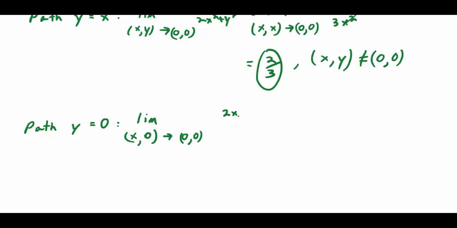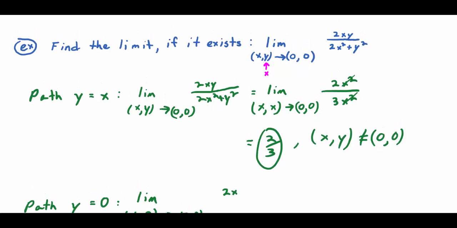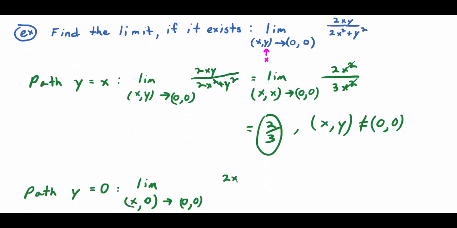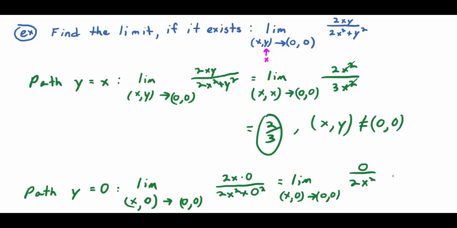2x squared times, well, okay, if we think about it, if we plug in 0 here for y, we get 2x squared times 0 over 2x squared plus 0 squared, which is just the limit as (x, y) approaches (0, 0) of 0 in the numerator divided by 2x squared, which is just equal to 0 as long as x doesn't equal 0, which is the same thing as saying as long as both x and y don't equal 0, 0.